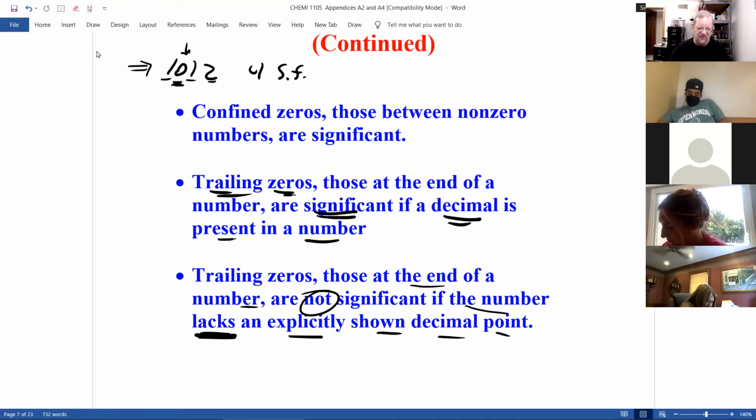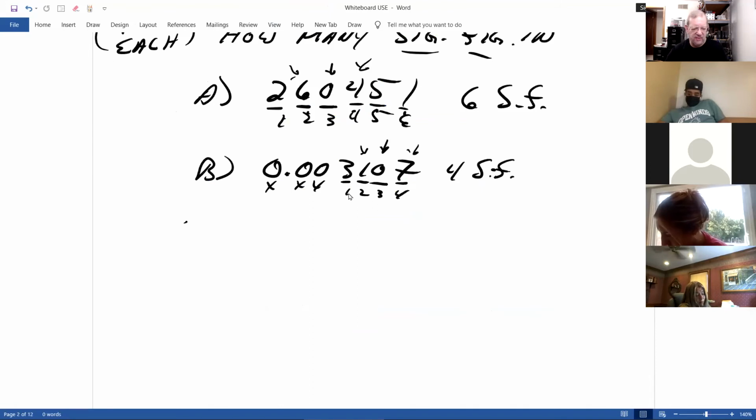So let's take a look at that. When you have a decimal point at the end with zeros, they are significant. When there's no decimal point, they're not. And if we look at the following, and I'll do this one, we have a decimal point here.